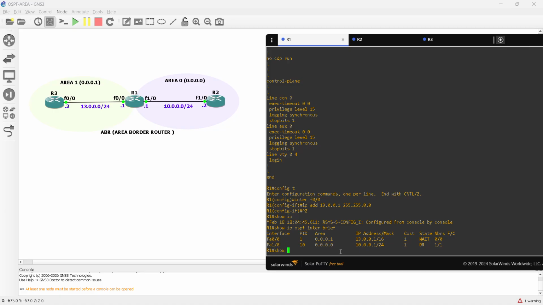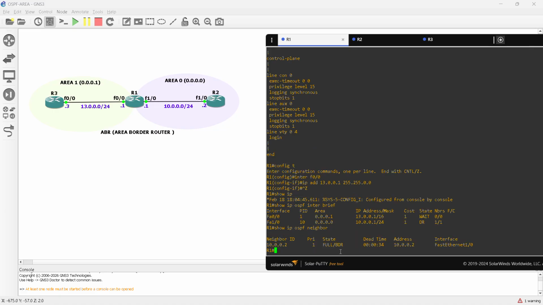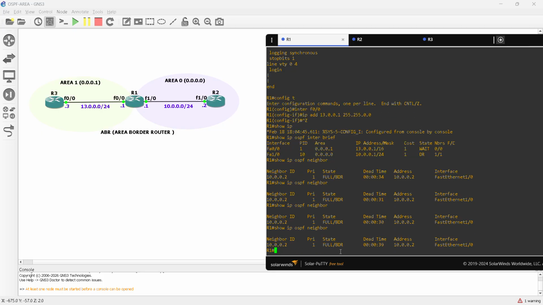Now if you look at the neighbor command, show IP OSPF neighbor, there is only one neighbor, which is at this area 0, router 2, but not that. Now let's go and see in our Wireshark for much more detail.